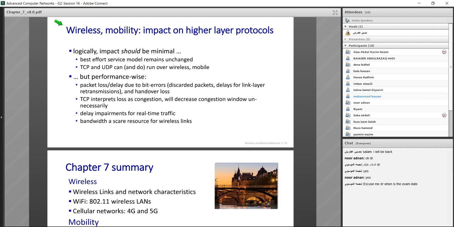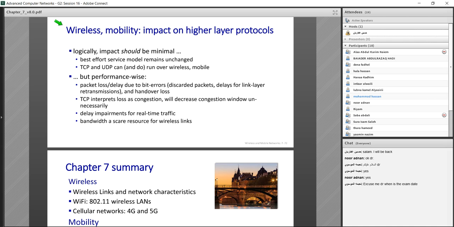Maybe during this movement, high priority packets such as, for example, real-time traffic, maybe they receive longer delays, additional delays during this movement, this handoff. Maybe in the new network, I could not guarantee enough resources over wireless links. Maybe.